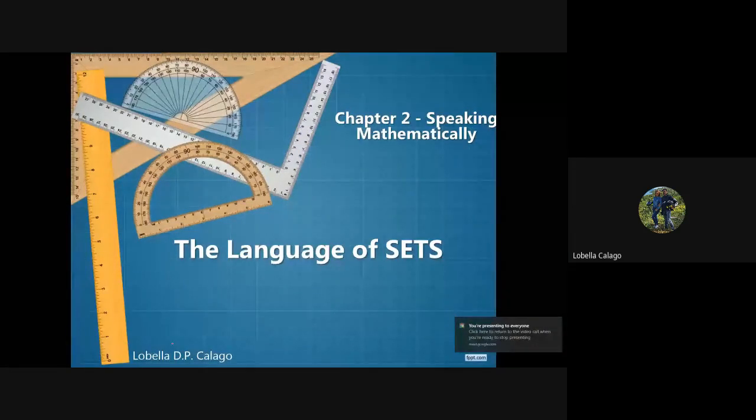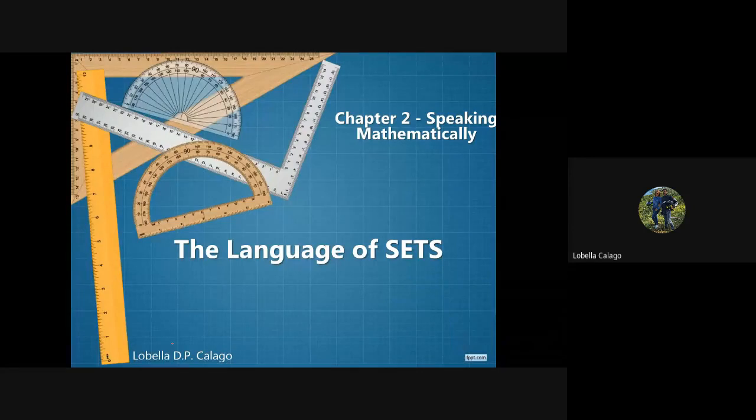So ito yung pangatlo and the last topic before you're going to have another quiz number 2 regarding Module 2. So ito yung the language of sets. And the last unit will be the language of functions and variables. Okay, so we will continue.